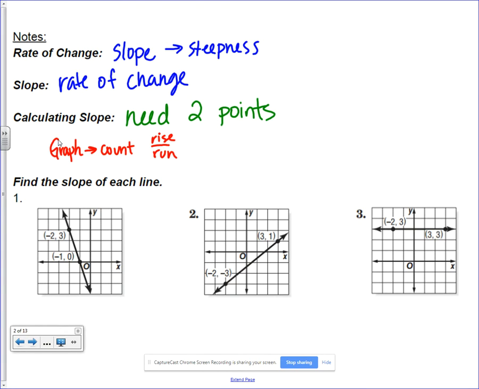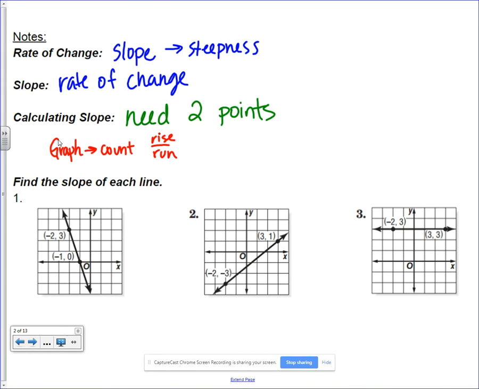So you'll notice here in number 1, 2, and 3, I have graphs, don't I? I told you had to have 2 points, didn't I? Do you see the 2 points that are already on your graph? The question is, which point am I going to start at, the left or the right? Do we read left to right or right to left?